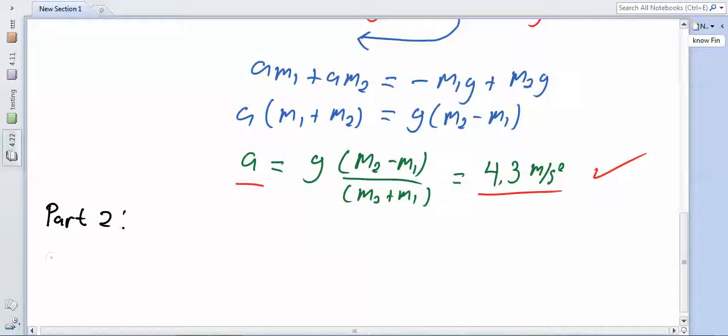So we want to find the value of t sub f. We want to find out how long it takes the mass number 2 to fall a distance of 1.4 meters. All right, so as we learned in class, the tool that we use to solve a kinematics problem is the pictorial representation.